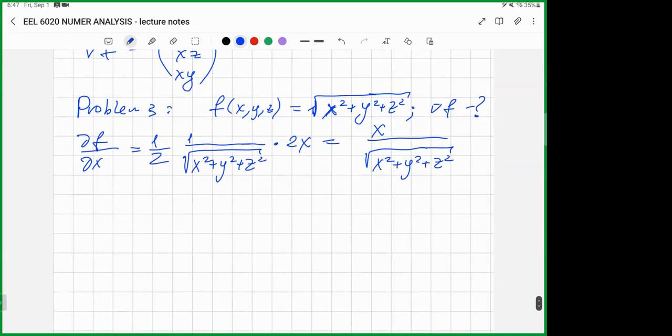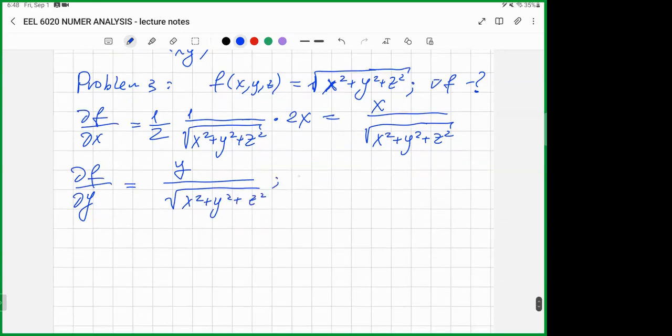Okay, and as I said, the derivative of f by y is essentially the same, but up to replacing x by y in the numerator, and the rest is the same. Likewise for the z. I get z here, and the square root of x squared plus y squared plus z squared in the denominator. Okay, and so I'm all set.